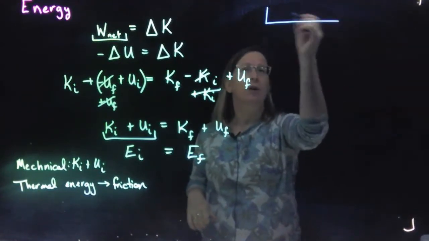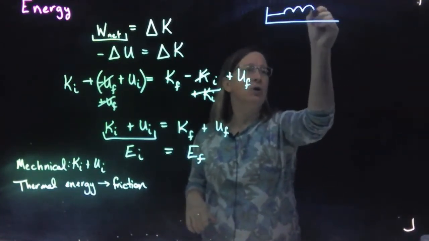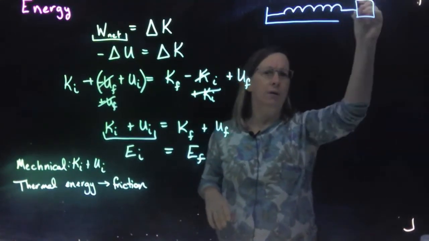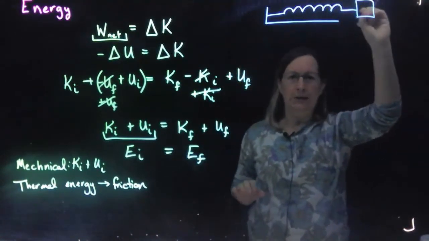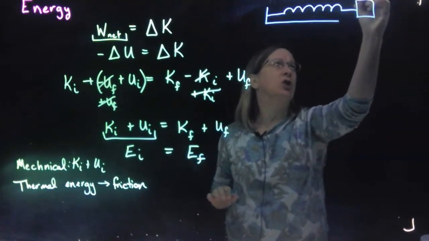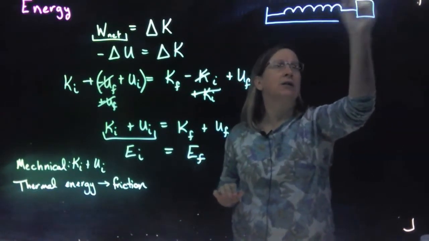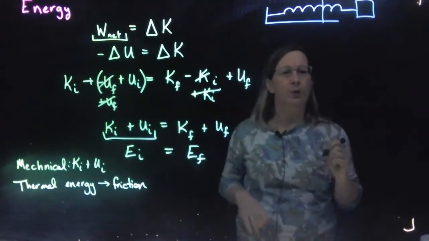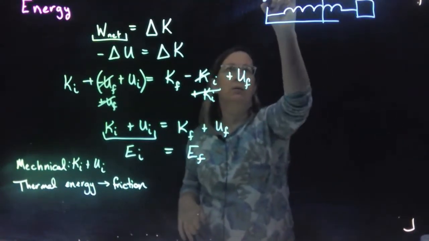If I have a situation where I start with a stretched spring that I've stretched and I'm about to release, so I start it from rest and it's stretched some distance x. Okay, there's my spring. That's position 1.